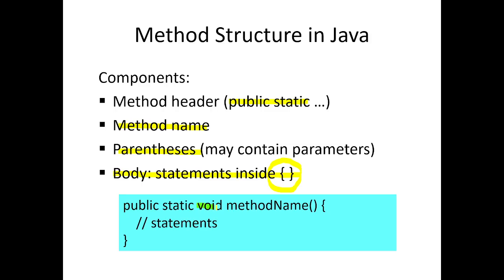The one that you have learned is void main. In the next slide, the main you need to change to a new name, for example the method name, and usually we create the method name related to the problem. What you have learned before this is void main.